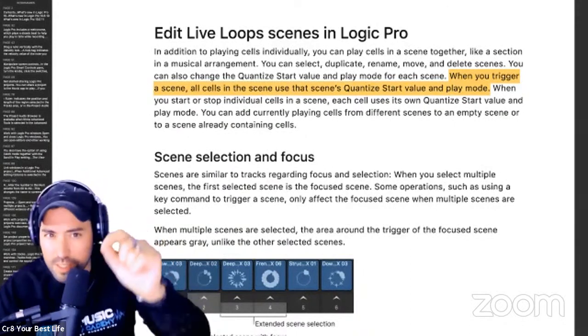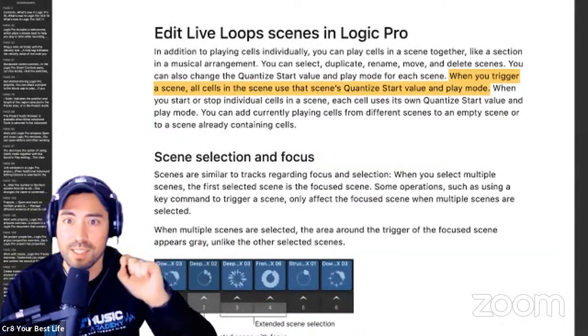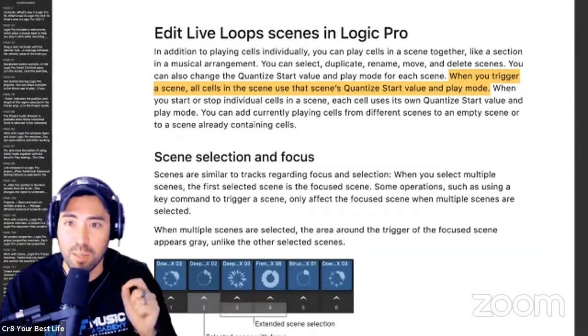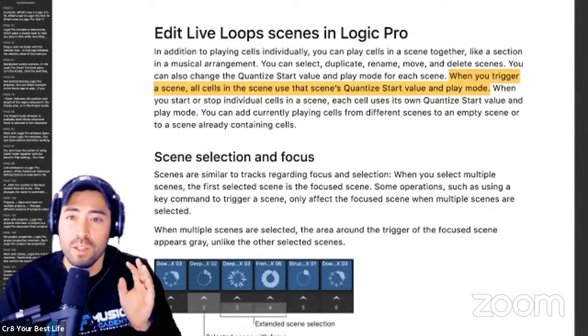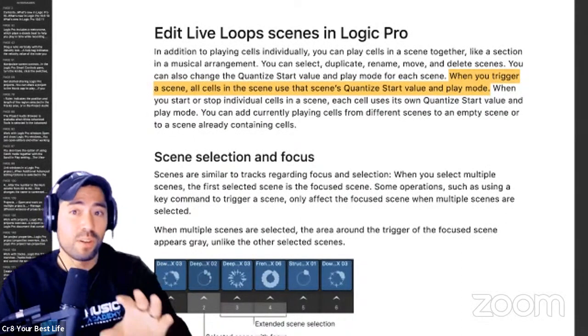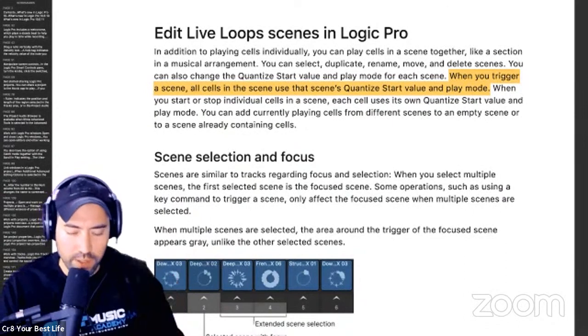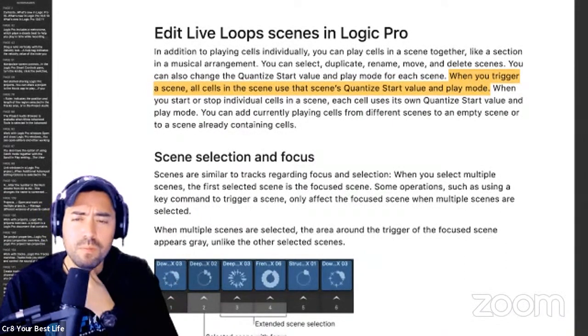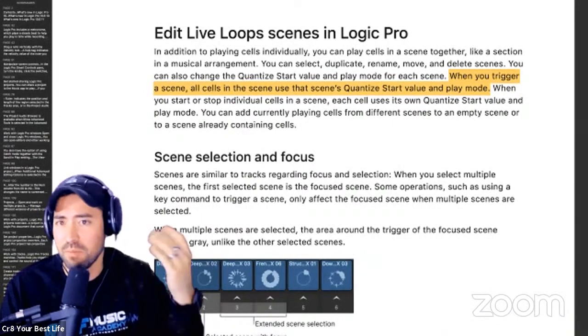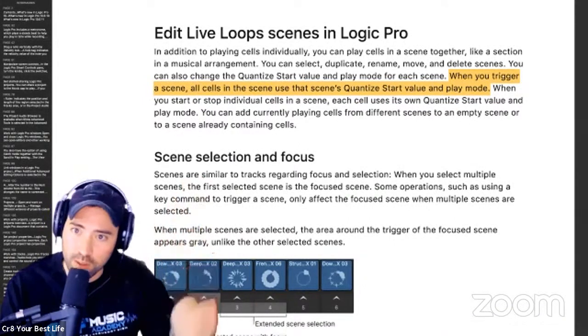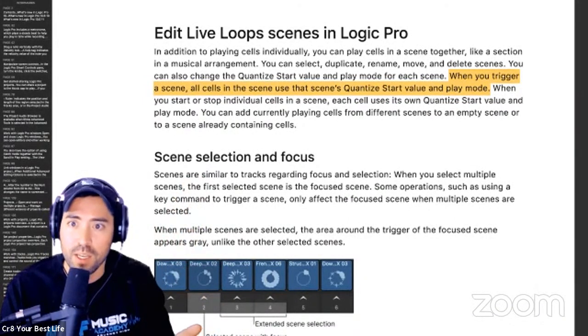So when you trigger a scene, all cells in the scene use that scene's Quantize Start value and play mode. So unless it's otherwise indicated, when you tell the scene that you want it to be 4 bars or what have you, every single cell is going to follow that, okay? And it's also going to follow the play mode.